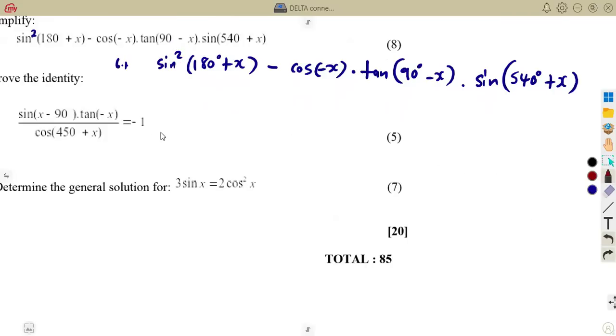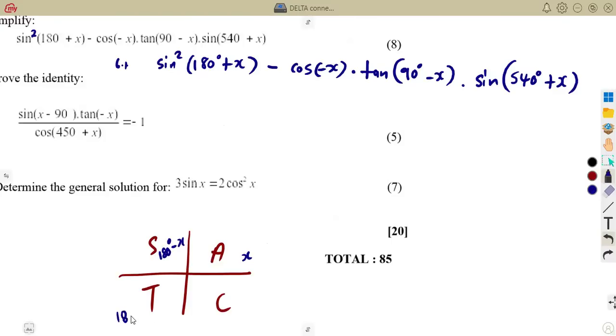But let's start with 180 plus x. Which quadrant is this? We have 180 plus x in the third quadrant from our CAST. Remember, this is x, second quadrant, 180 minus x.